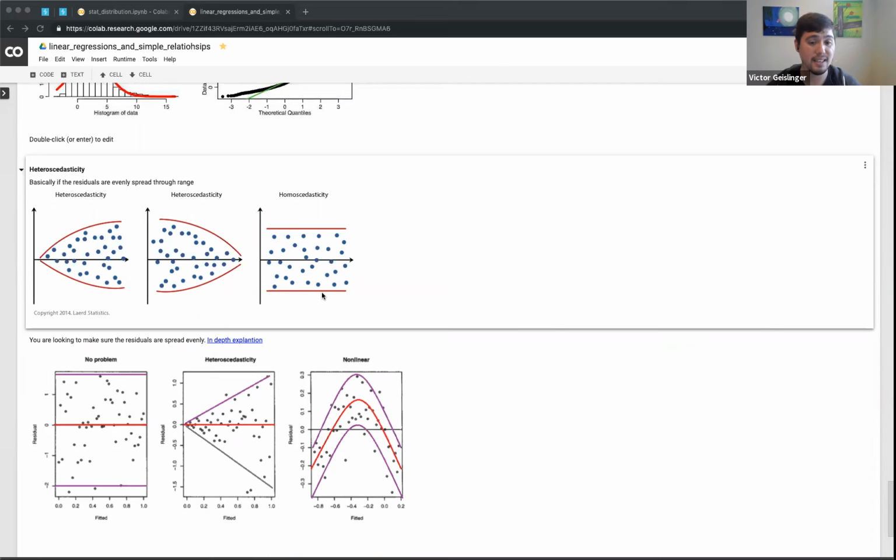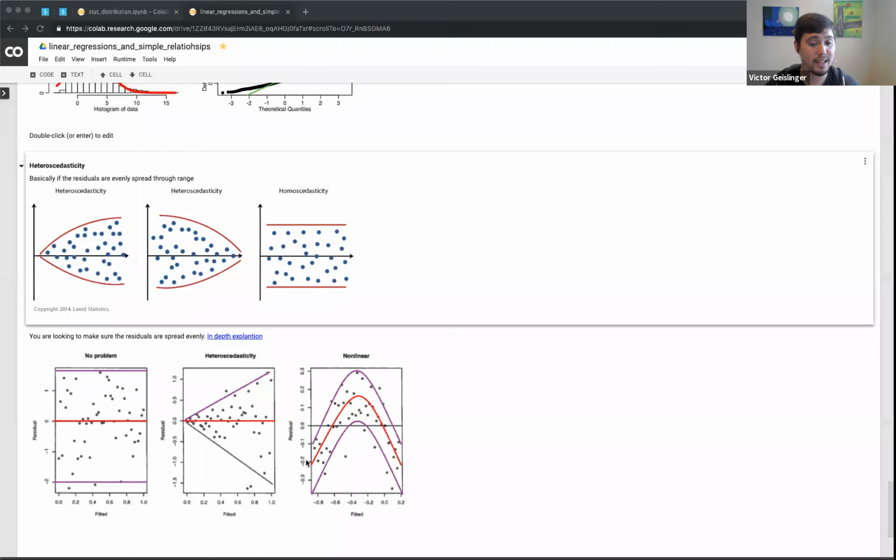It's consistent. We don't want this. We want something more consistent, basically random across our line, our model. Okay. Does that answer your question?